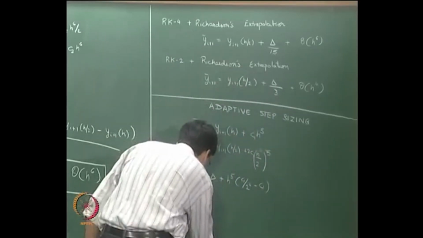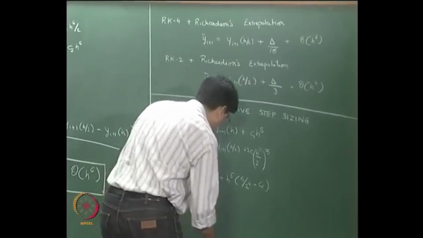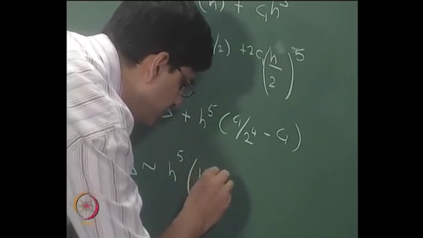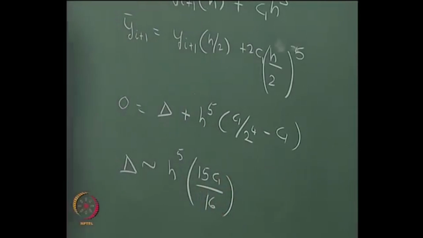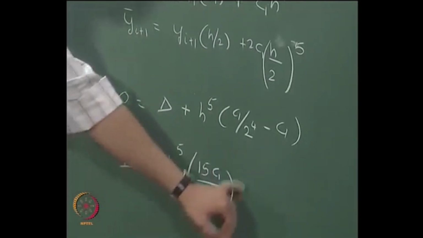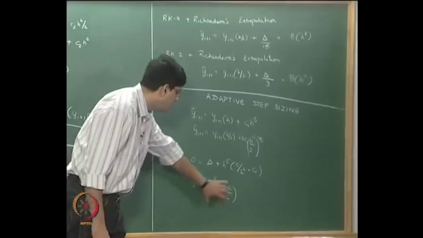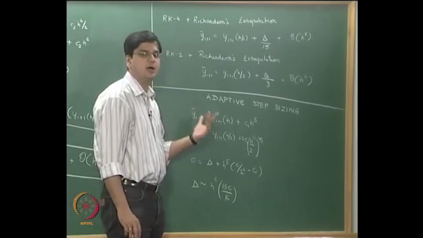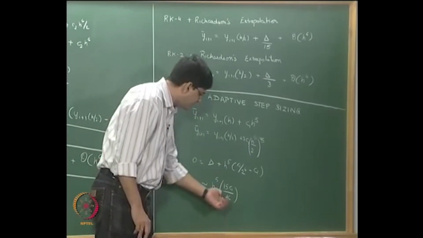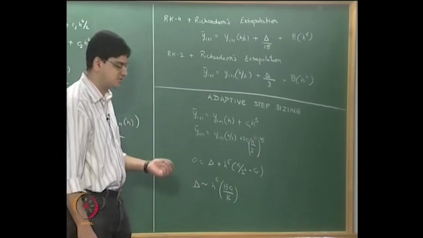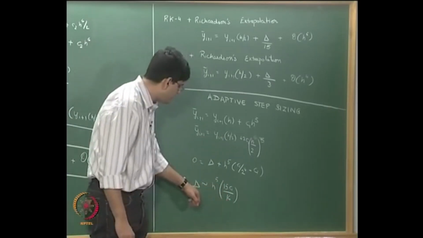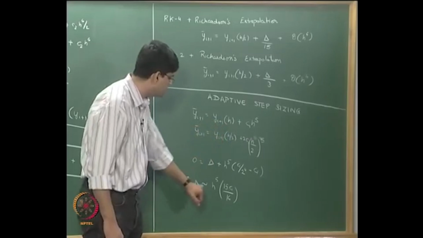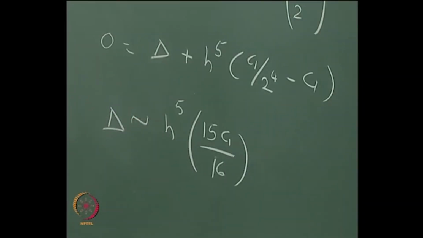So we can write the estimate of delta as h to the power 5 multiplied by 15 c1 by 16, or some constant of this particular form. This constant depends essentially on y i and y i plus 1 based on the mean value theorem, and we will not have an estimate of the exact value unless the true solution is exactly known. But what this says is that delta, that is the difference between these two, is proportional to h to the power 5.